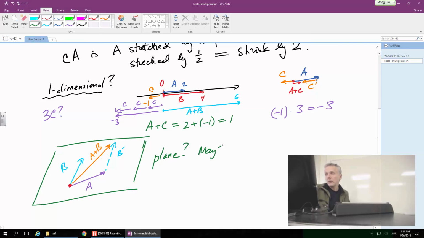The answer is maybe. We certainly know that it's not one-dimensional, but it could be two-dimensional, three-dimensional, because these two vectors will determine one single plane. So even though each vector lies in the n-dimensional space, it has only 2 points to connect. It determines nothing but a line. So that's a line, and that's a line.